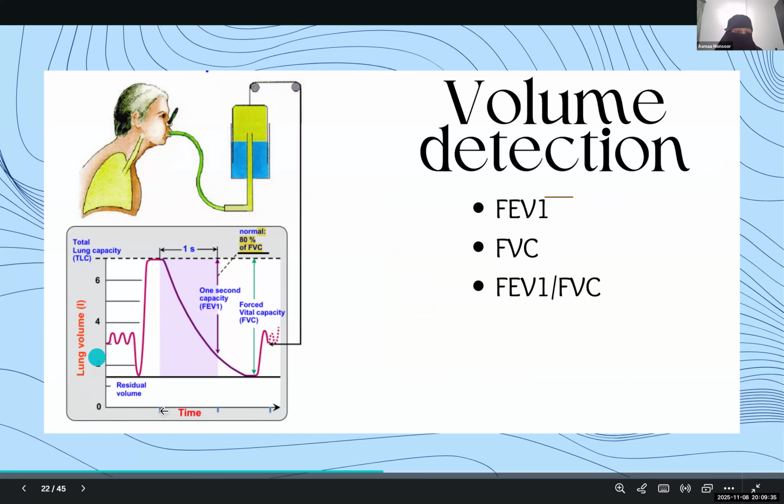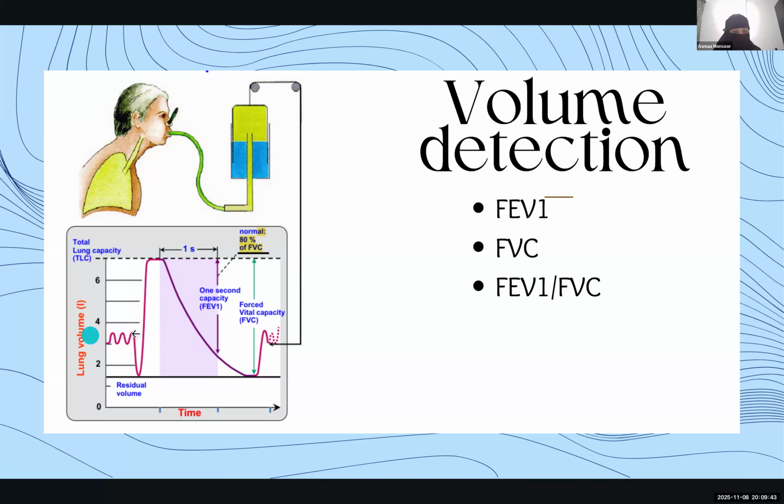As you can see in this part of the graph, this is when he was breathing normally, just in and out, in and out. And then over here, the volume becomes very low, which is when he exhaled fully and left everything out. Then you ask him to take a deep breath inside, and you can see that the volume of the lung shoots up to its maximum, which is the total lung capacity.